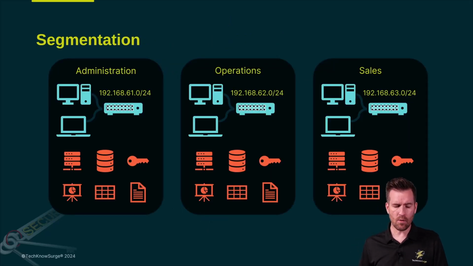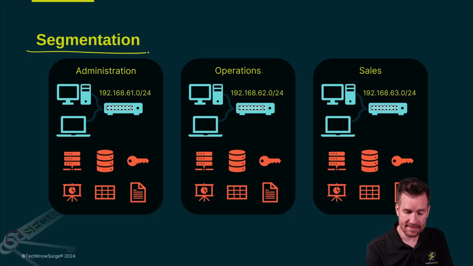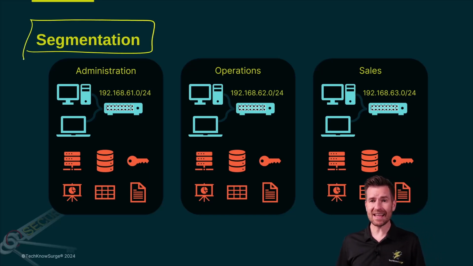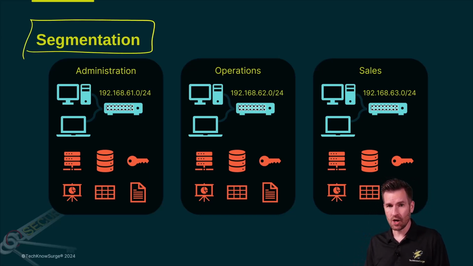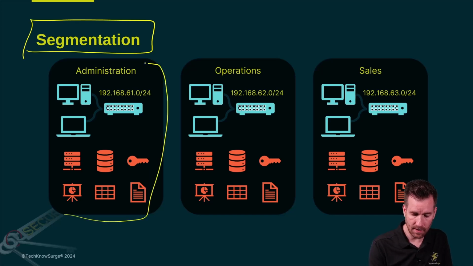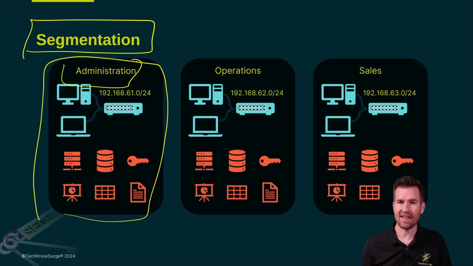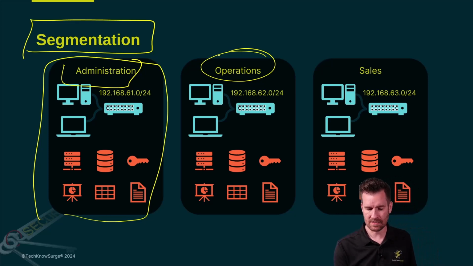And one thing that we may want to practice on our network is segmentation, where we segment the different resources to certain roles or departments or certain types of users that we have on our system. And so here we have maybe several departments. We have the administration department, and they have access to different resources. Operations has access to different resources, and sales.